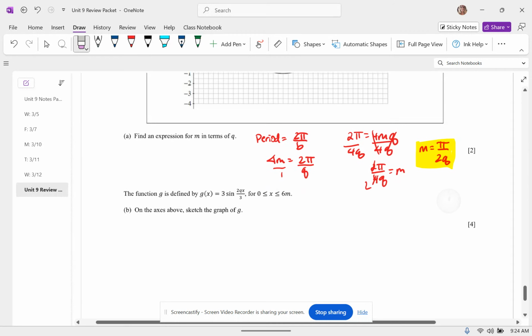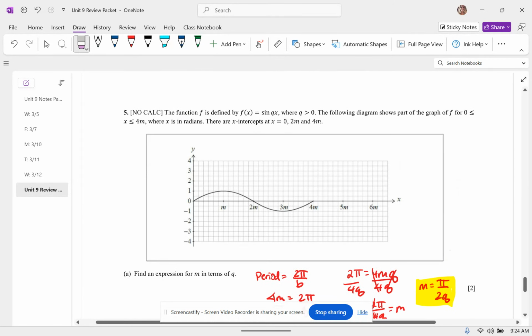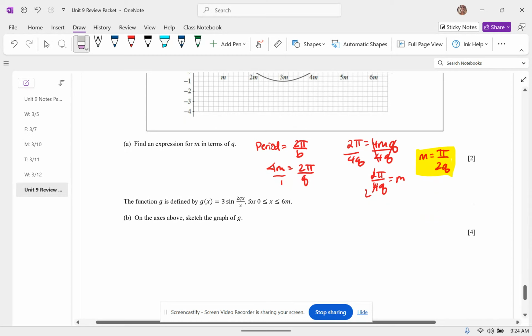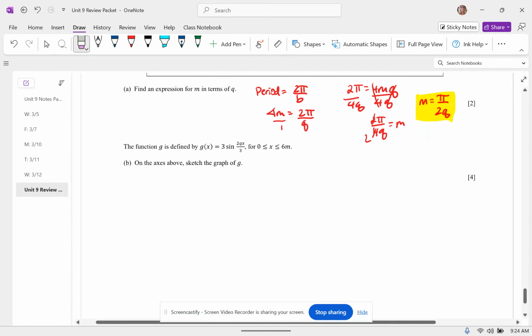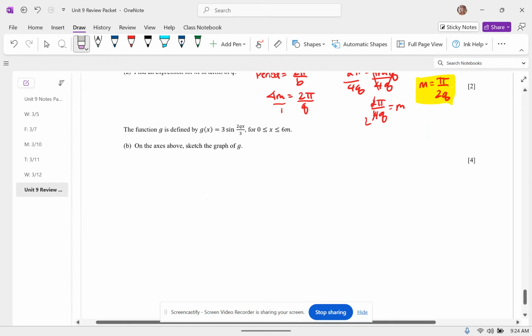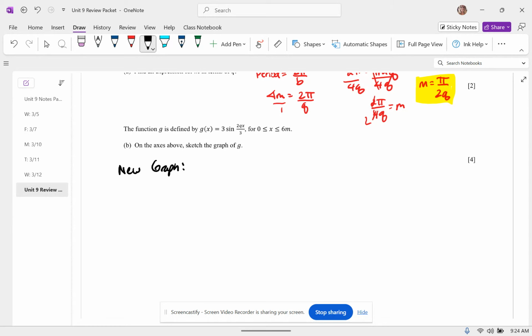And it looks like we are changing the amplitude here. It's getting a dilation of 3. And then it looks like the period is going to be altered a bit as well. So on the axes above, we have to sketch the graph of g. Let's talk about the transformations that g has. In the new graph, we have g of x equals 3 times the sine of 2q over 3 times x.